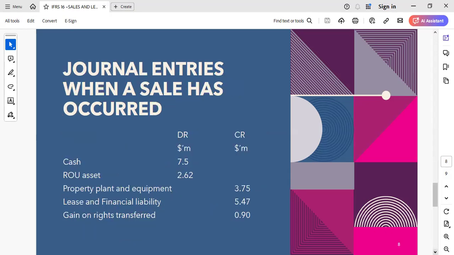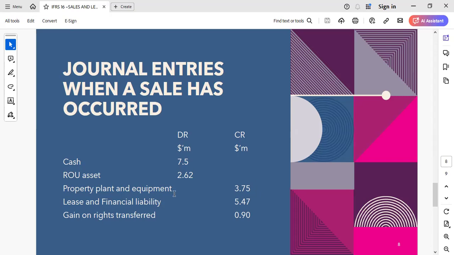The next step now is the accounting entries. We are going to be debiting the cash that we received, that is 7.5 million. The right of use of the asset, we also debit. On the credit side, because the transfer qualified as a sale, we de-recognize the property; we write off the carrying amount from our value of property, plant, and equipment.